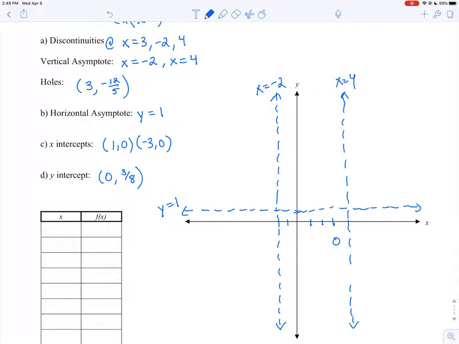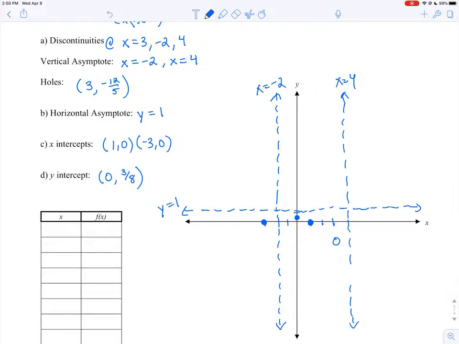All right, so if we do that, we got 1, 0, which now makes a lot more sense. And let's see, what else do we have here? We have -3, 0. All right. And then last thing, our y-intercept, we have 0, 3/8. So we'll say that's kind of right there.